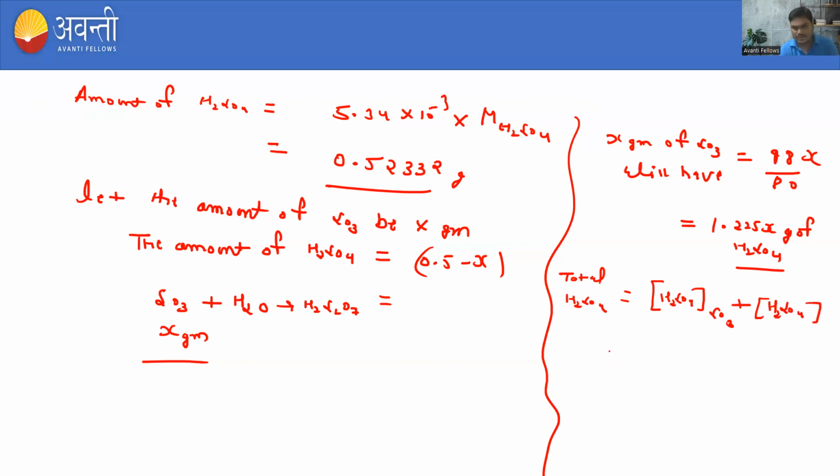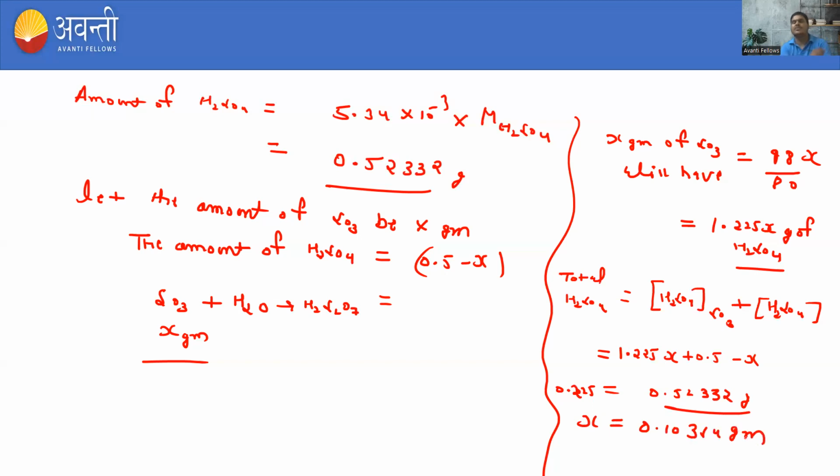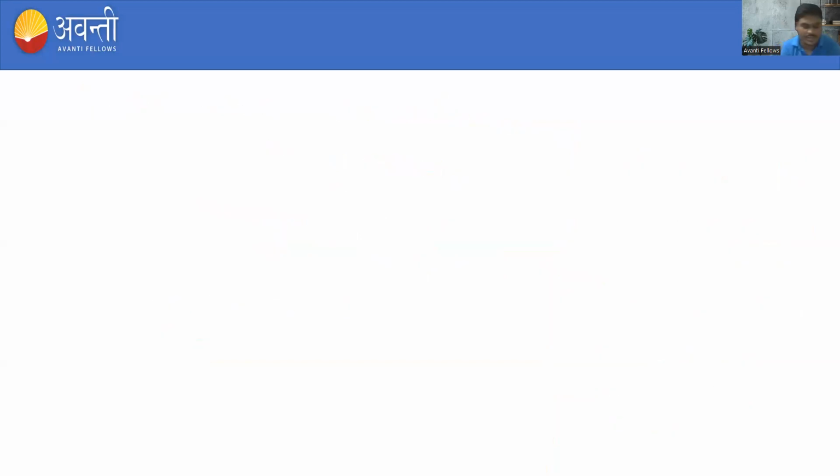Just put the values here: 1.225x plus 0.5 minus x, which comes out to be 0.5233 gram. From this, we know 0.225x equals the difference, so on solving, x is equal to 0.10364 gram. This is the value of SO3 we have.